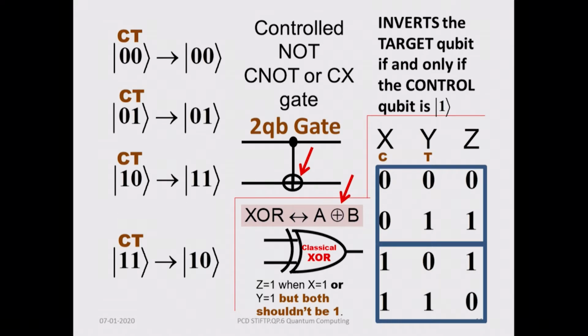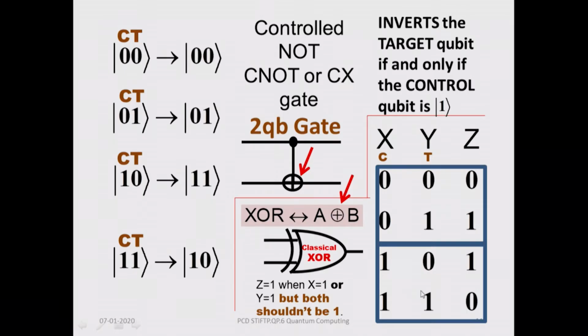You have got 2 inputs x and y, and if you identify x with the control qubit and y with the target qubit, you will see that the target is undergoing a change, in fact an inversion, only when the control is 1, whereas when the control is 0, the target remains the same as the y input.